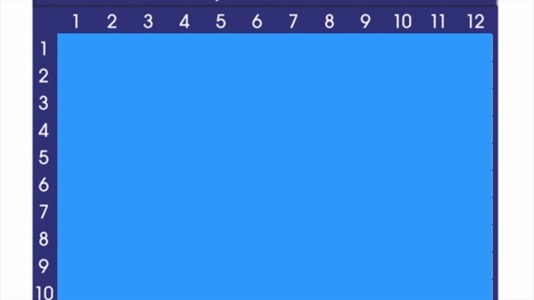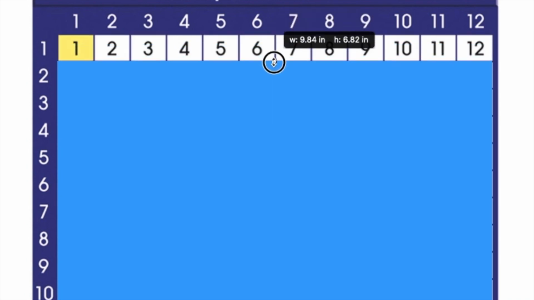Once you've done that, you're going to start at the top one and go all the way across, listing the multiplication facts. So 1 times 1 is 1. 1 times 2 is 2. That one should be pretty easy.